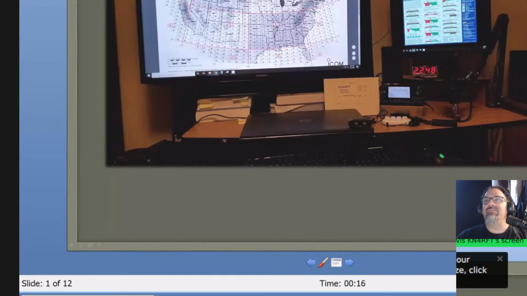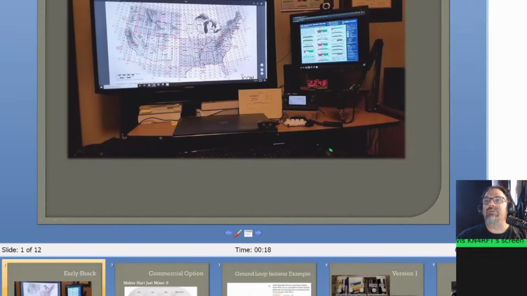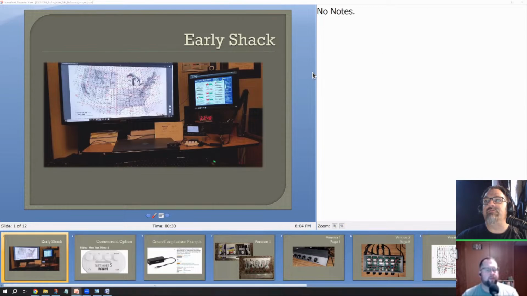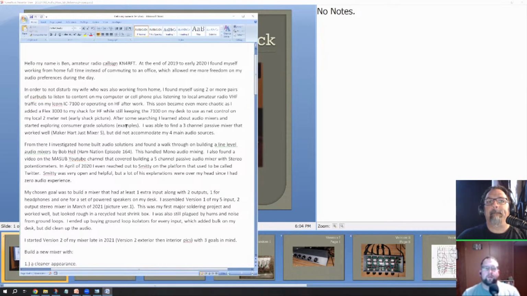There we go. Oh, nope. Just kidding. Stand by. No. What the heck? Standard view. Oh, I just need you to get out of full screen. Exit full screen. There we go. That, I think, is showing up correctly. Okay. You are sharing your entire screen right now.